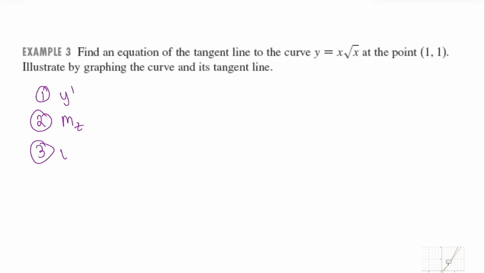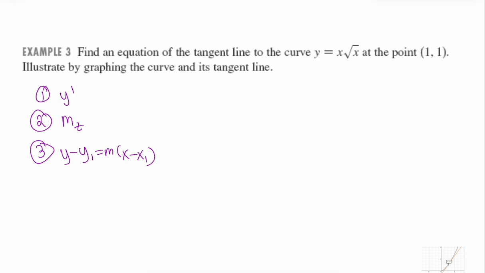The third thing we do is always y minus y1 equals m times x minus x1. So that's really the strategy every single time. Now we have some really good techniques to find step 1 that we didn't have before, right? So that's why we're revisiting this without some of the complications of the gross formula.